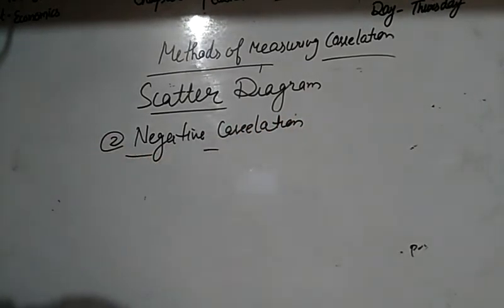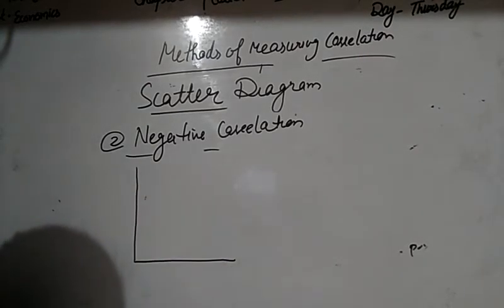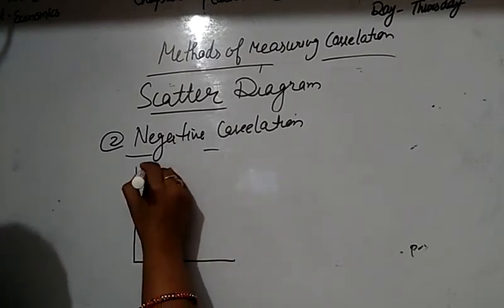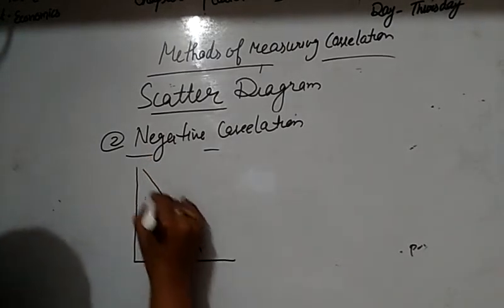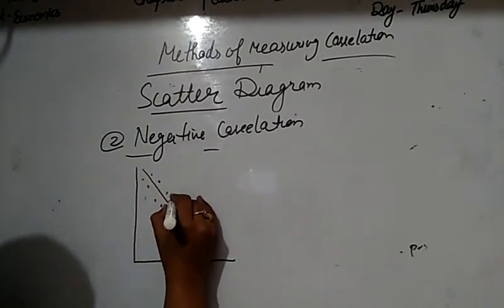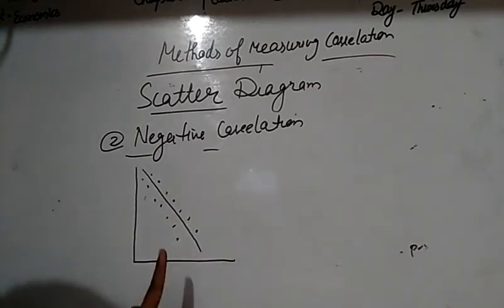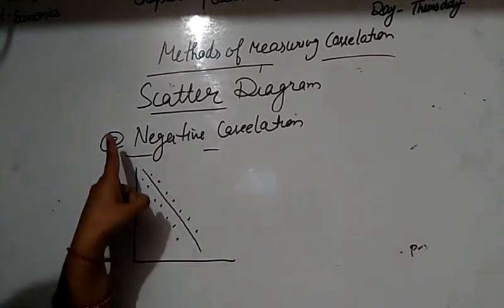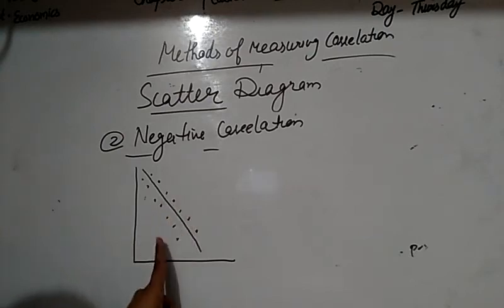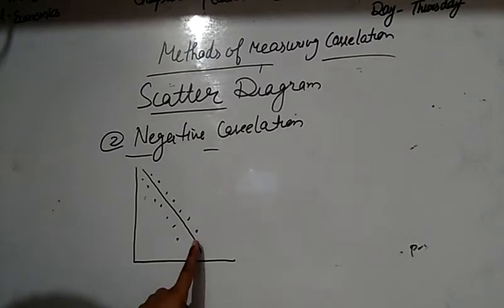Negative correlation: when all the points of two variables in a scatter diagram cluster around the downward sloping line, to that we call negative correlation. Okay, so these points of two variables lie around the downward sloping line, to that we call negative correlation, whether it is high or low.